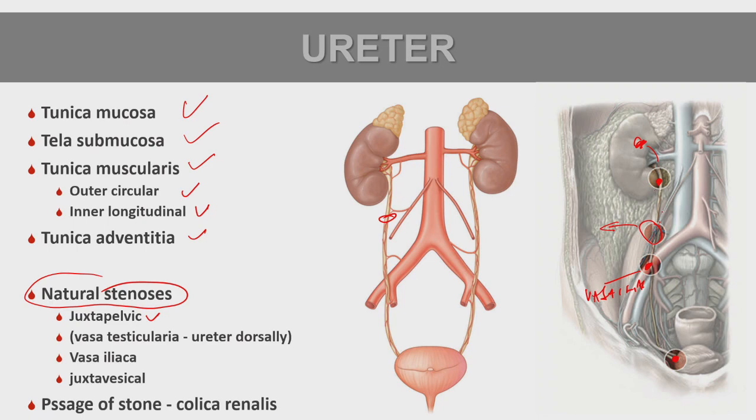So those are points where we can see the stone which is migrating from the kidney to the urinary bladder.